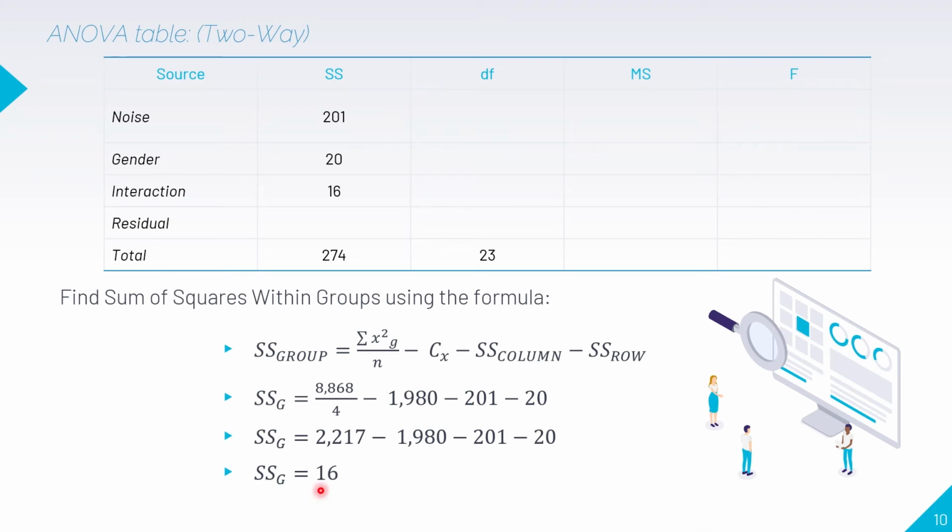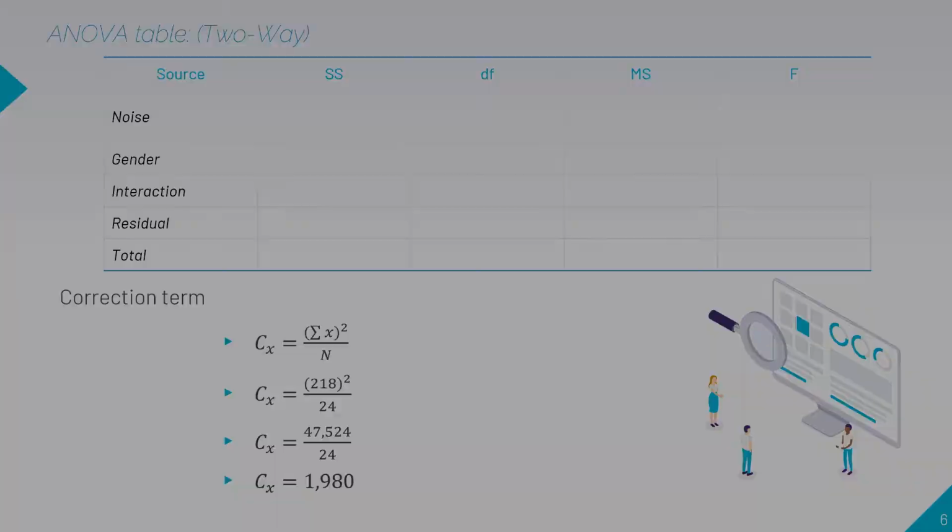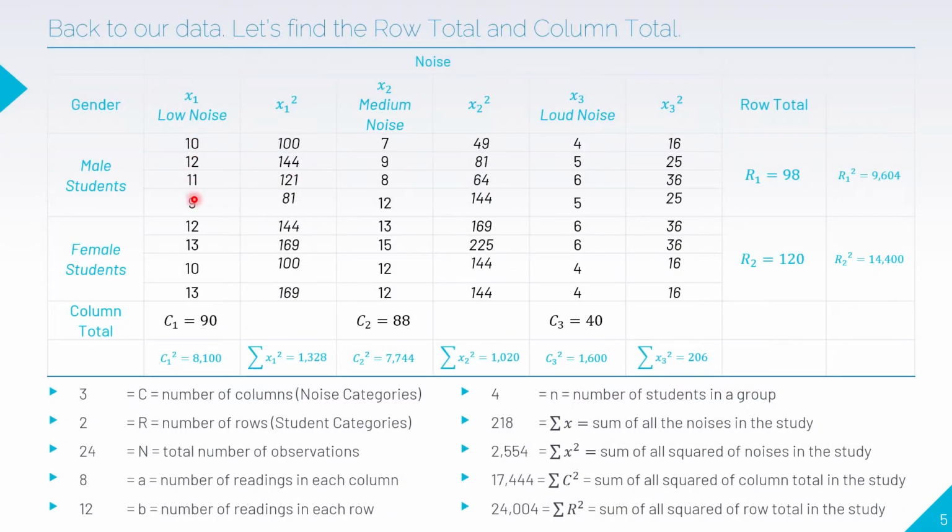Finding our sum of squares within the groups, or what we call interaction, we have SS group is equal to summation of x squared group over n minus Cx minus SS column minus SS row. In finding our summation of squared groups, we just need to add all the items in a group and then square it. In this one, 10 plus 12 plus 11 plus 9, and then square it.